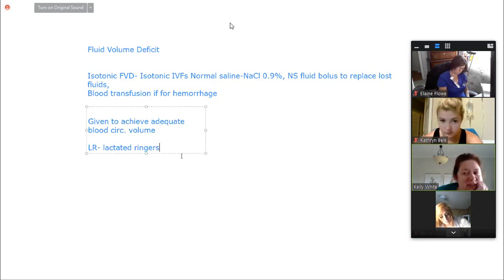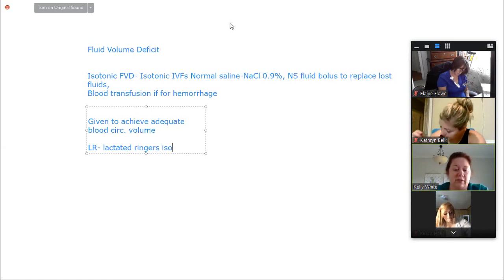However, the problem with lactated Ringer's is if you want to give anything with it, like antibiotics or other medications, tons and tons of things are not compatible with LR. So you have to be super careful. That is why it is so much easier for them to order normal saline, because it's pretty compatible with everything. Okay, but do know that your LR is considered an isotonic fluid.